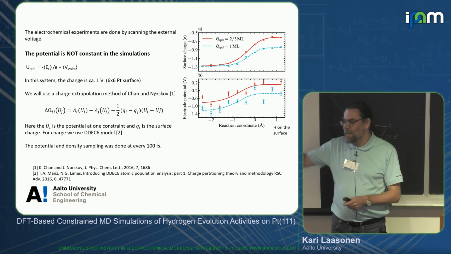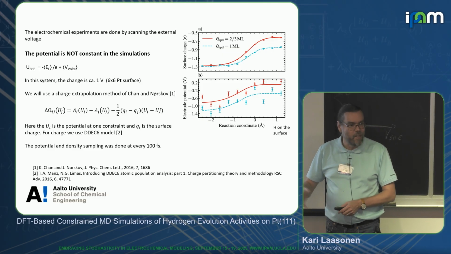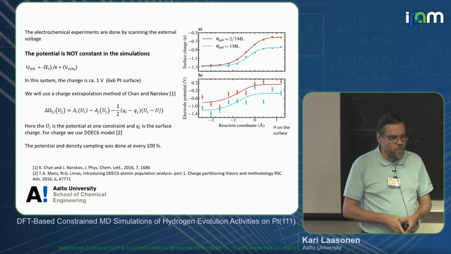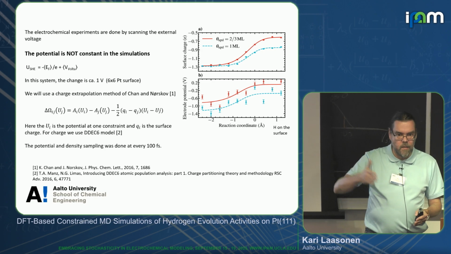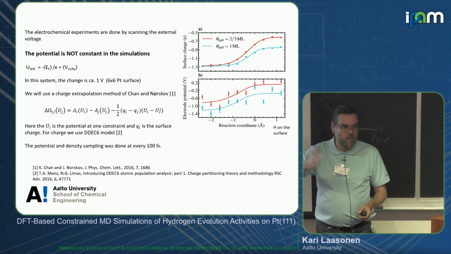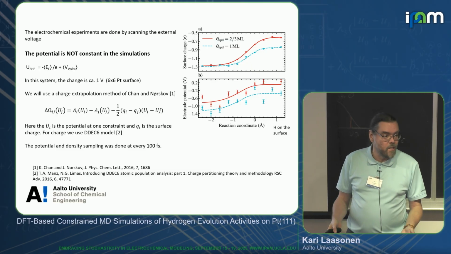You go to the lab, you look at what your potentiometer tells you with respect to your platinum electrode or whatever reference electrode you prefer to use. Then you can change the voltage and see the current, and you see what happens. And this voltage is basically constant because you have a huge system.